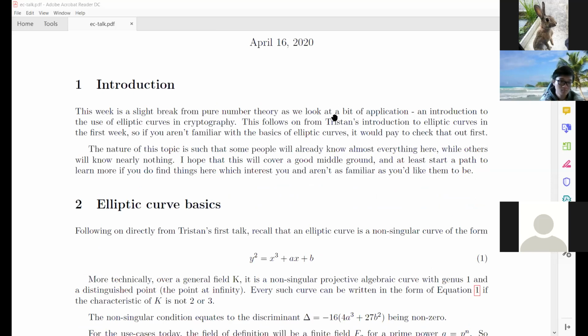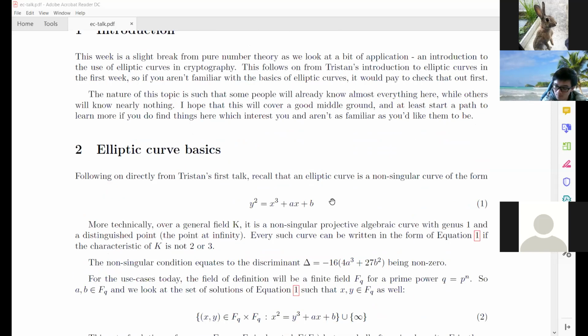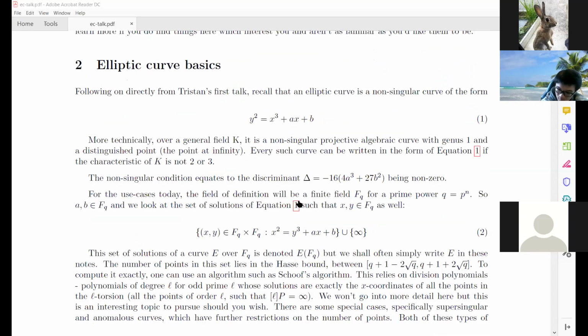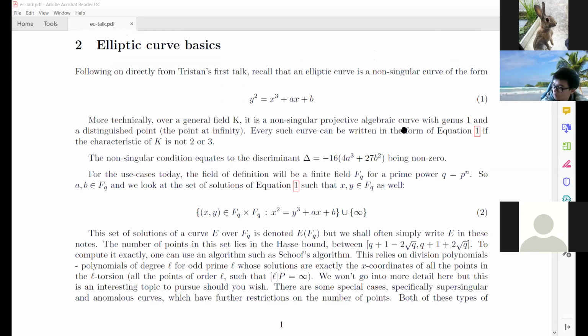If you haven't seen that or read his notes, or aren't already familiar with elliptic curves, then let me know now, and I can do a bit more introduction, or you can go and read those notes. But I'll just quickly go over some of the stuff to start off with, and then get into some cryptography. So the first thing is obviously what an elliptic curve is.